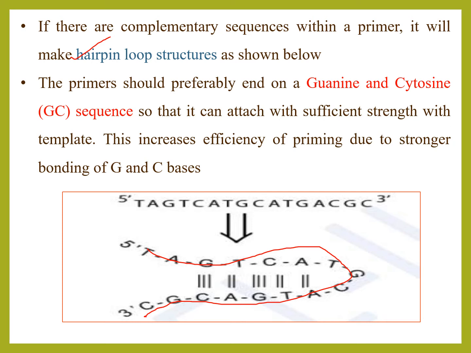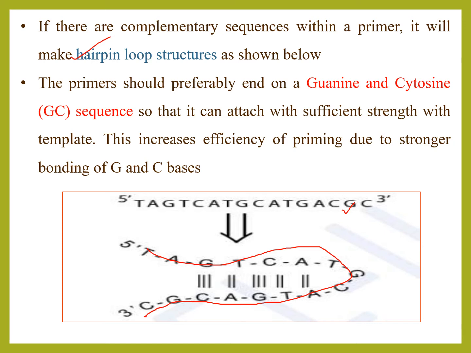And primers should preferably end on guanosine or cytosine residues so that they can attach with sufficient strength to the template. So while designing the primers, we have to see that at the end of the primer, it should have at least a G and C region so that it will bind to the template, because G and C bind with 3 hydrogen bonds.